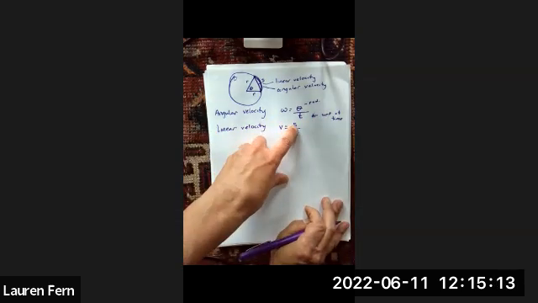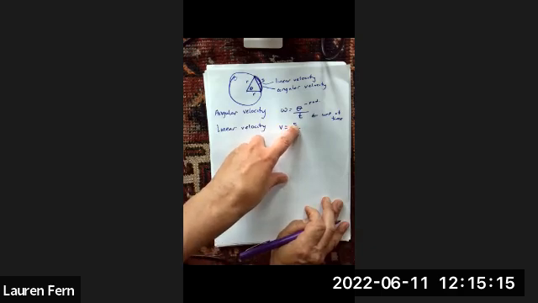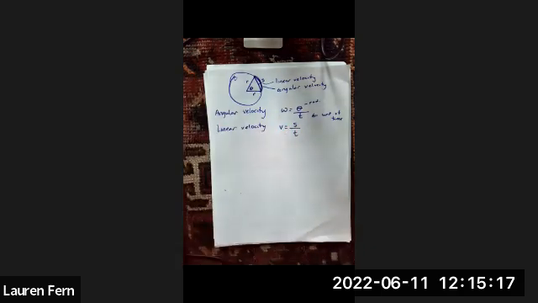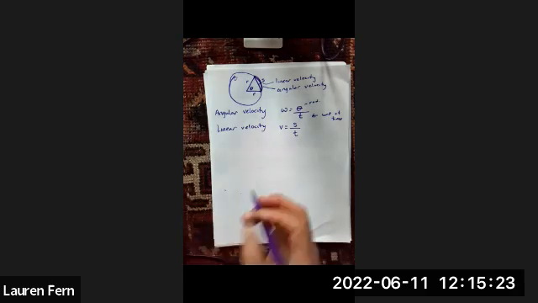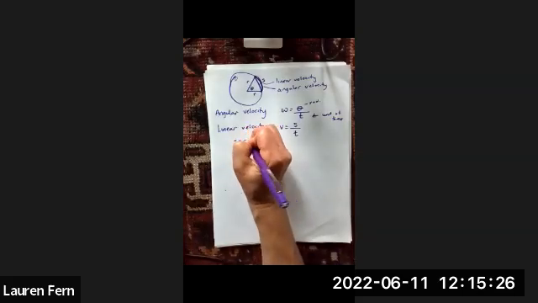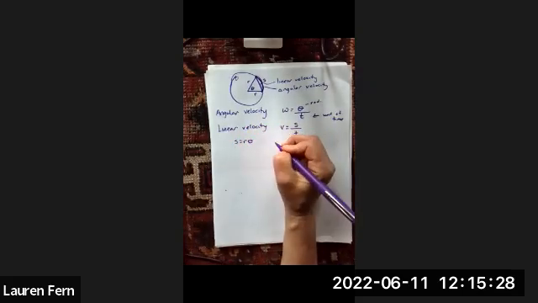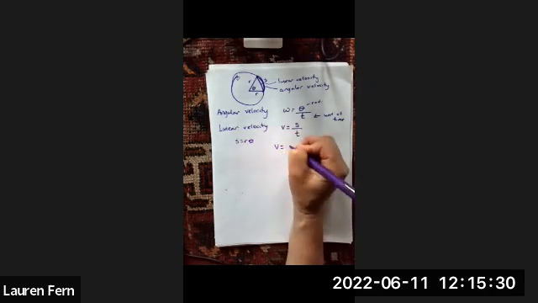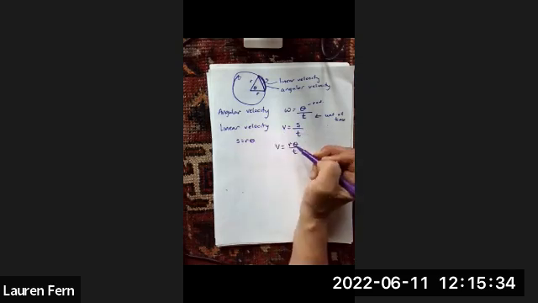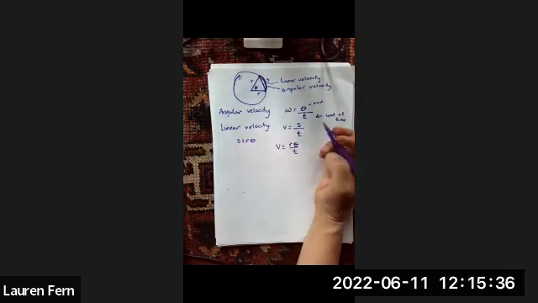Notice here, in other words, there's that r theta. Now, what I want to do is show you the relationship between the linear velocity and the angular velocity. We know S is equal to r theta. So I can rewrite my linear velocity as r theta over t just by substituting that in.